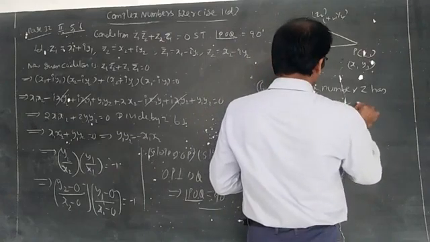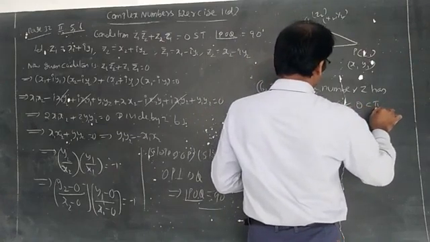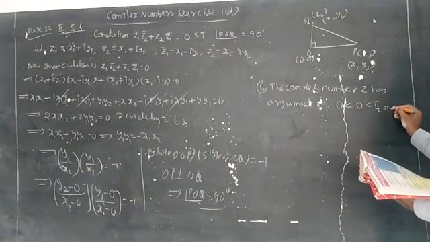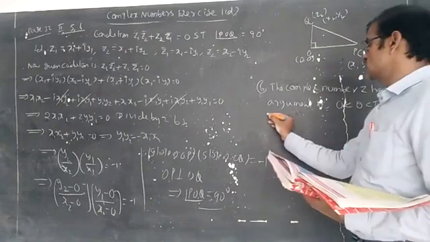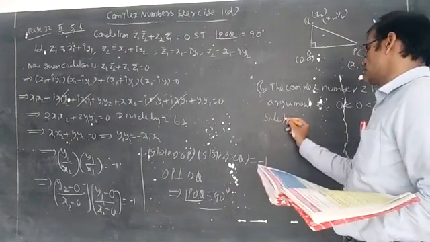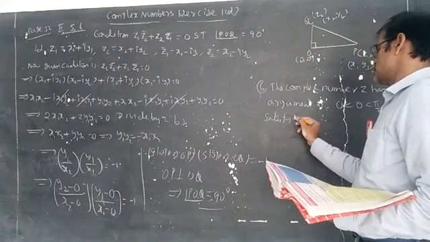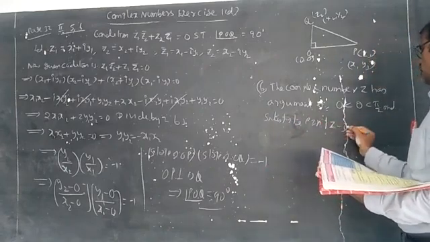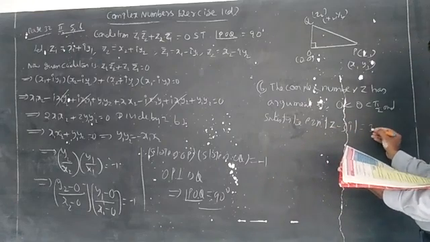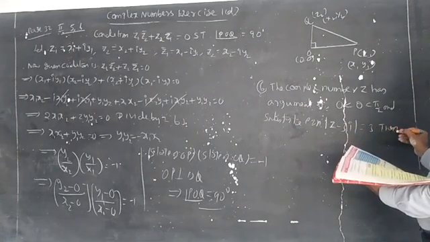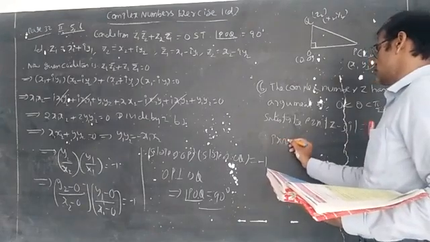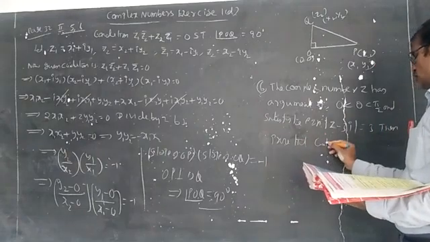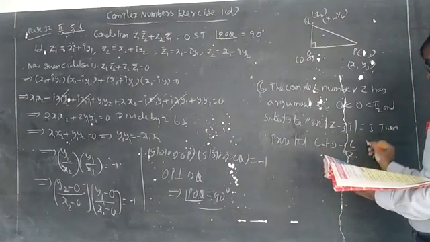The condition is 0 less than theta less than pi by 2, so it is in the first quadrant only. No need to get confused about negative values. And it satisfies the equation modulus of z minus 3i is equal to 3. Then prove that cot theta minus 6 by z is equal to i.